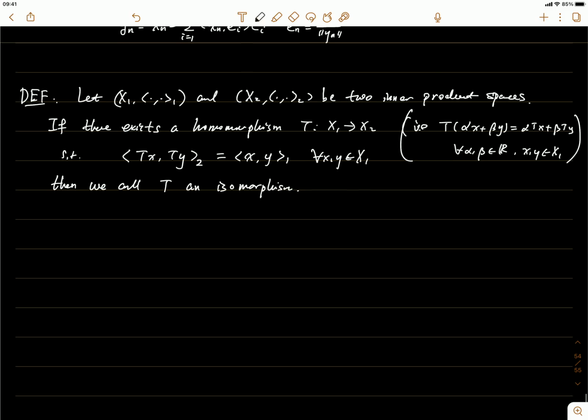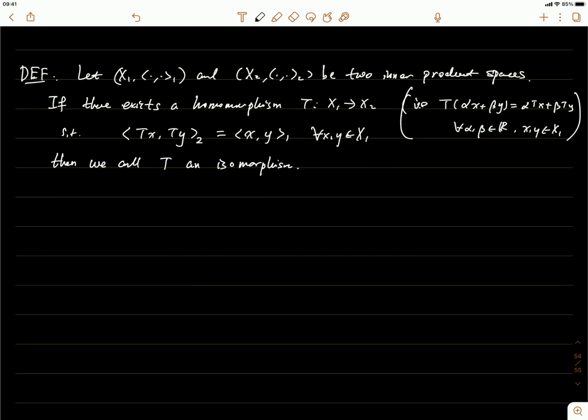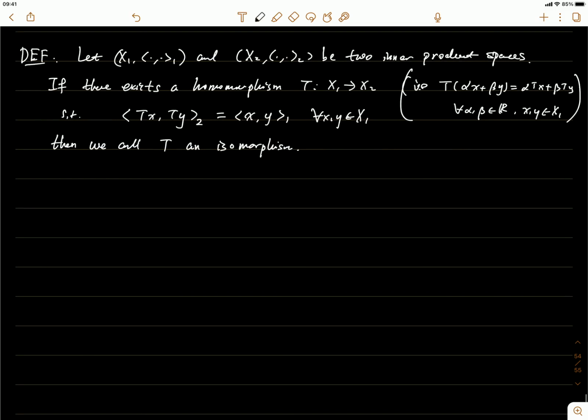This means that it keeps the distance or the inner product as well, not just the algebraic structure. So in this case, we can just identify these two inner product spaces because all the behaviors will be the same.